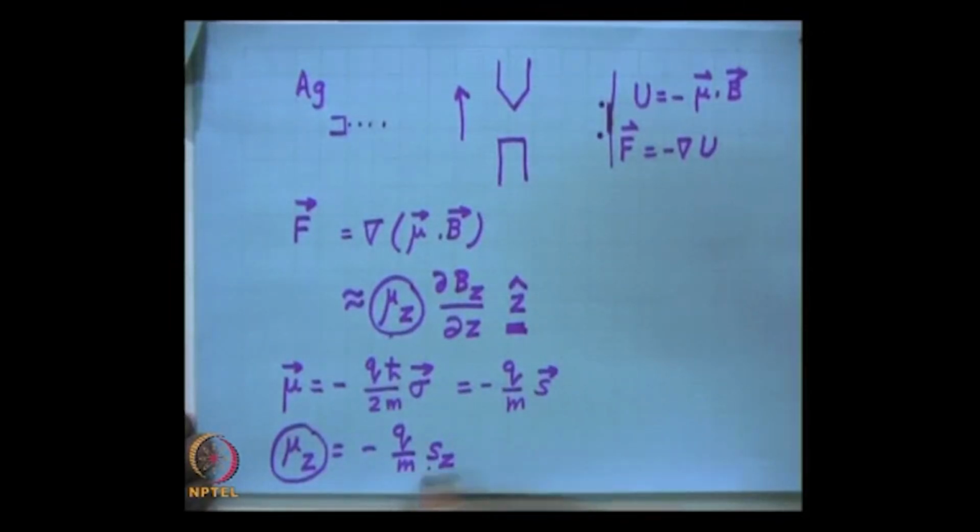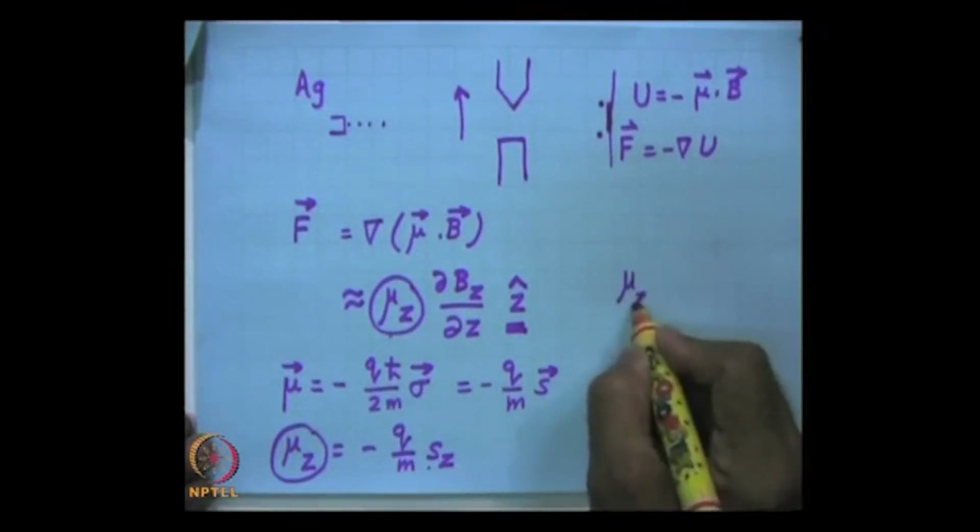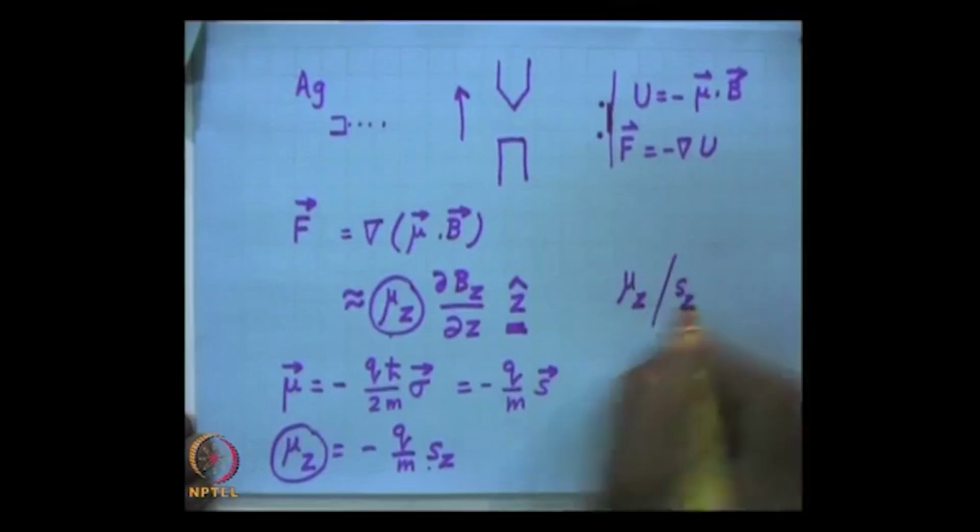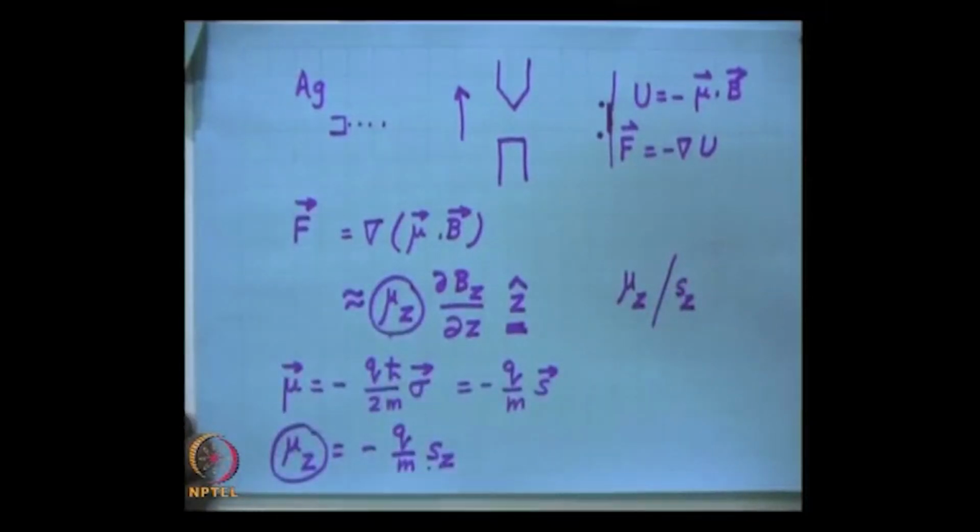That is, as if the value of mu z or the value of S z was quantized. As if you make a measurement of the z component of the spin angular momentum or z component of the magnetic moment, then it has 2 quantized values, and this is considered to be one of the most beautiful and important experiments in quantum theory, the Stern-Gerlach experiment.